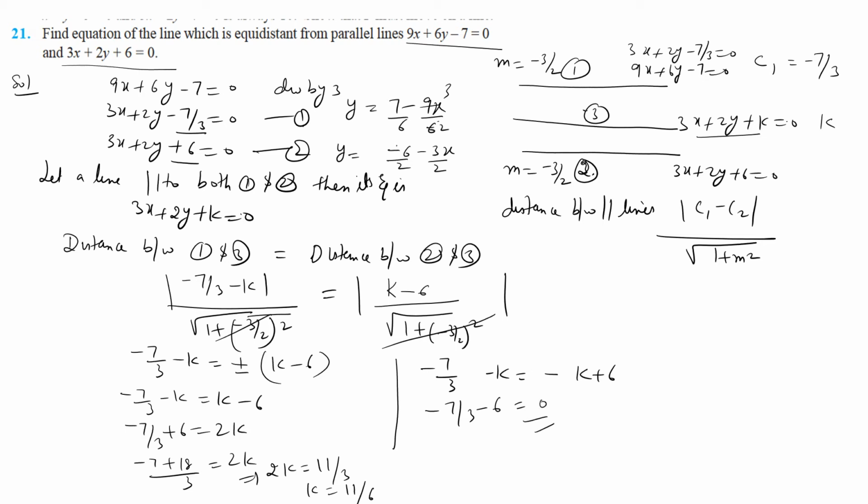So we are getting k as 11 by 6. Let us put it back in this equation number 3. The equation 3 becomes 3x plus 2y plus 11 by 6 equal to 0, or you can change it as 18x plus 12y plus 11 equal to 0.